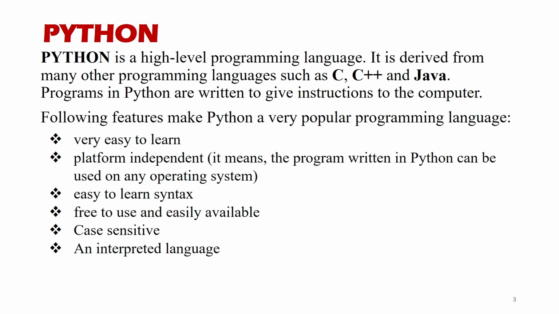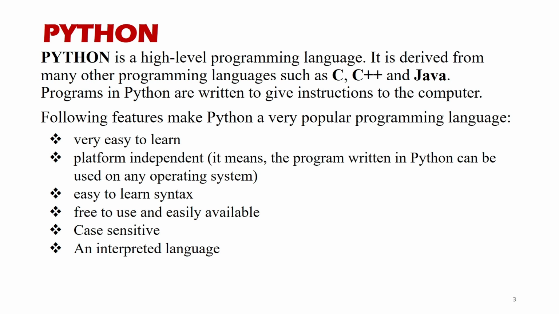When we say it is derived from other languages, that means it uses the functions defined by these languages, C, C++, and Java, and it uses their libraries in its own functions. Programs in Python are written to give instructions to the computer.